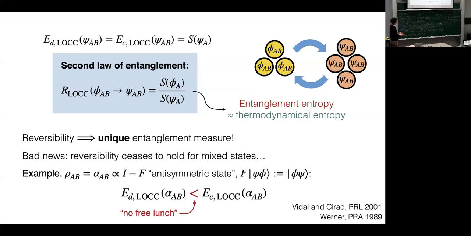My favorite example, which is not the one they show, is the antisymmetric state. I just have to put it somewhere in any of my talks. You take 2 copies of your favorite quantum system of dimension D, and you take the normalized projector onto the antisymmetric subspace. This is very much not separable. It doesn't have in its support any product state, which is already a proof that it's not separable.